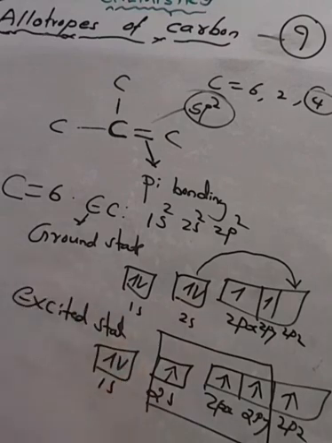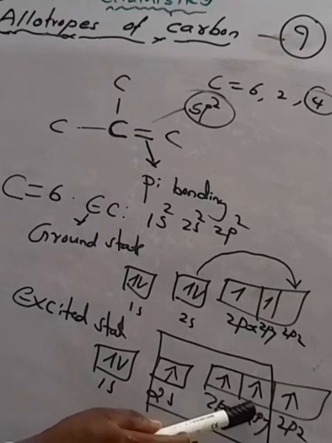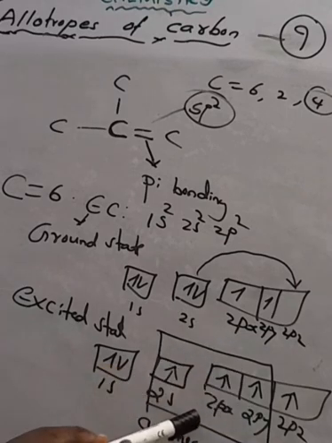One of the other carbon atoms comes here and pairs. Due to the pairing, 2s forms one sigma bond, 2px with another 2px forms one sigma bond, and 2py with another 2py also forms a sigma bond. So here we get sigma bonds.